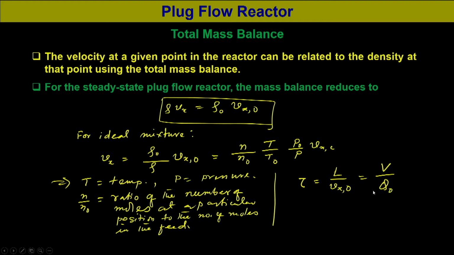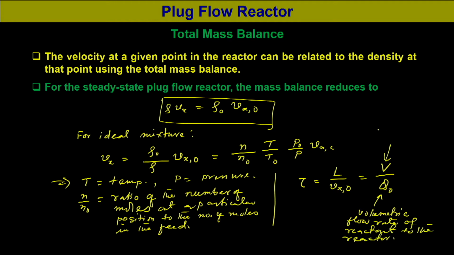So, Q naught is the volumetric flow rate of the reactant to the reactor. V is the volume of the reactor and L is the length of the reactor.